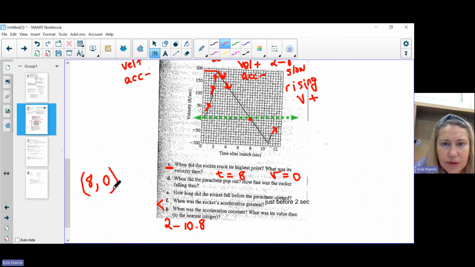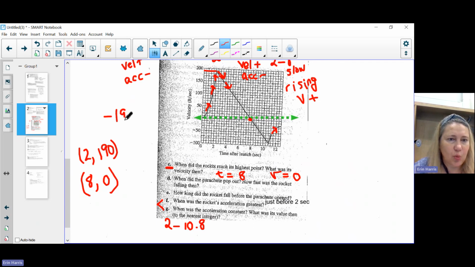And then at 2 seconds, and it's not perfect, that's why I'm not going to get an answer that's perfect, we have a velocity of 190, I said. So if we go to find the slope, this minus this, I get negative 190.